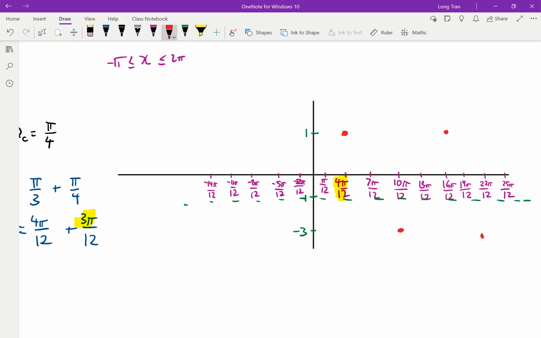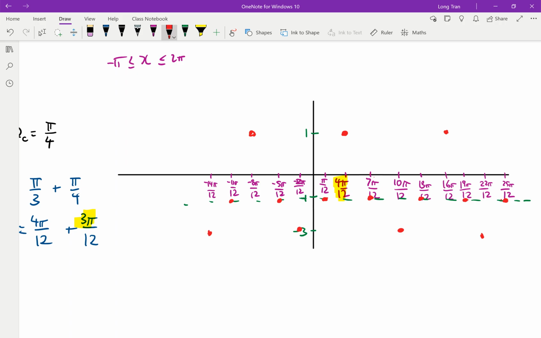So it should have been 7 pi, 13 pi on 12, 19 pi on 12 minimum, and then at 25 pi on 12 you expect to come back to the center. Okay, and then at pi on 12 you expect it to come back to the center, at negative, so it's minimum, center, maximum. Okay, maximum, and then back to center, and then back to minimum over here.